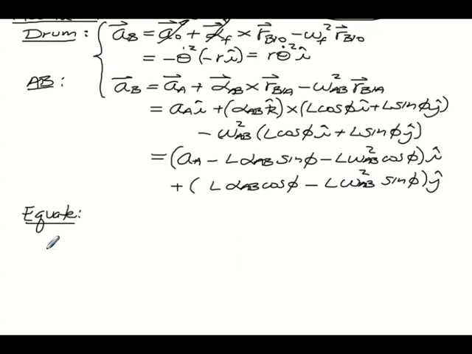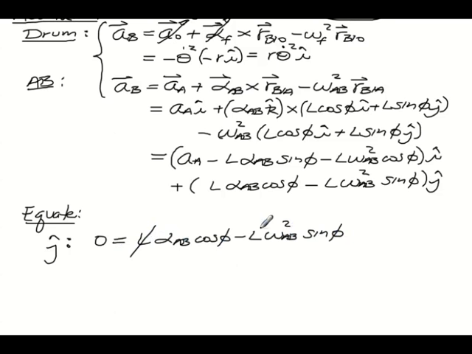So let me jump to the j equation. Let's see what I can do with that one. The first equation, there is no j component, so there's a 0. The right hand side, there's an L alpha AB cosine phi minus L omega AB squared sine phi.